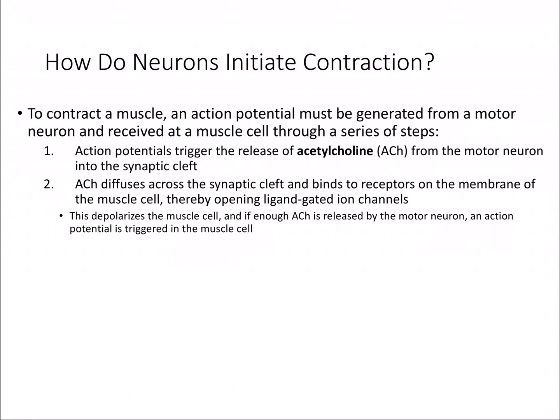Acetylcholine leaves the neuron, goes into the synaptic cleft, and binds to the muscle cell, which triggers an action potential in the muscle cell, which signals the release of calcium, which then goes toward all the things we talked about in the previous slide: binding to the troponin binding sites, tropomyosin moving off, all of that.